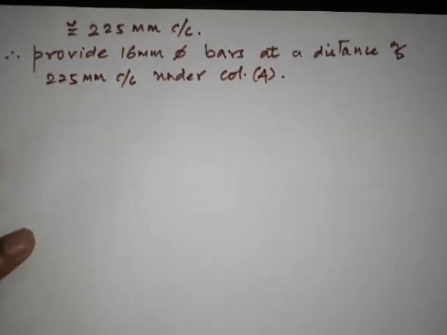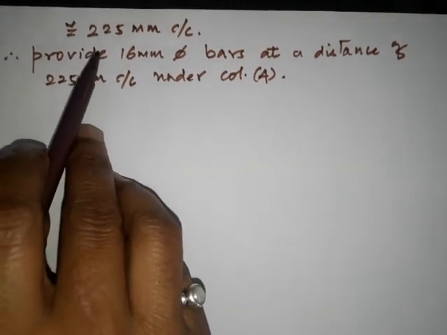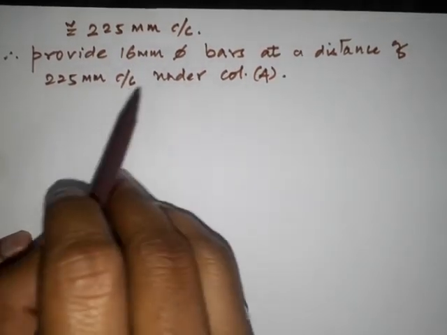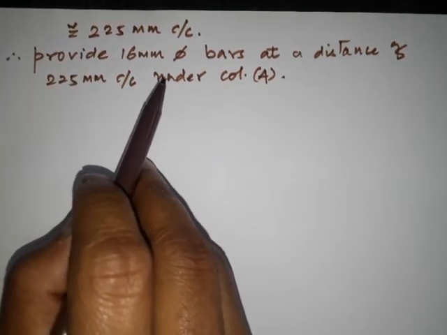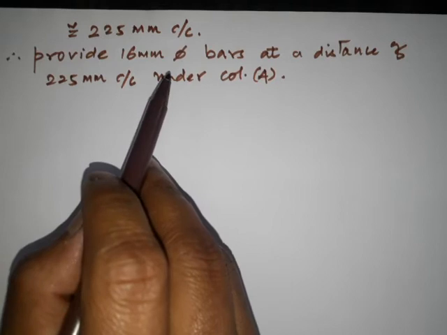So you have to provide 16 mm dia bar at a distance of 225 mm center to center under column A. Now also check for under column B.